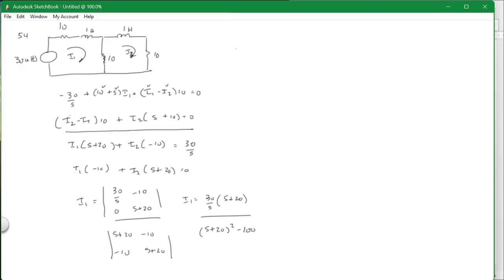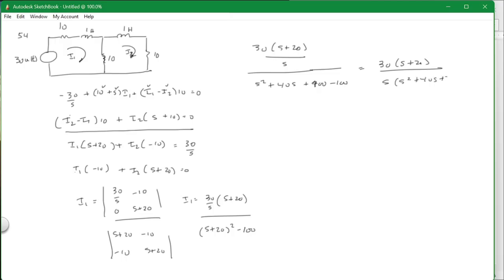So it's 30 times S plus 20 all over S all over S squared plus 40S plus 400 minus 100. So we have 30 times S plus 20 all over S times S squared plus 40S plus 300.